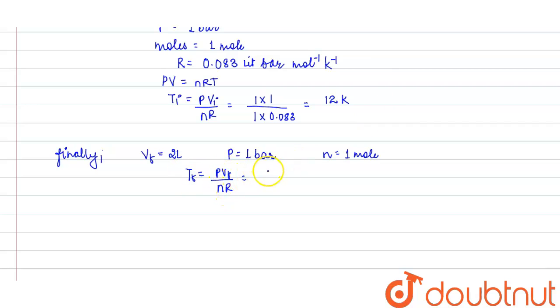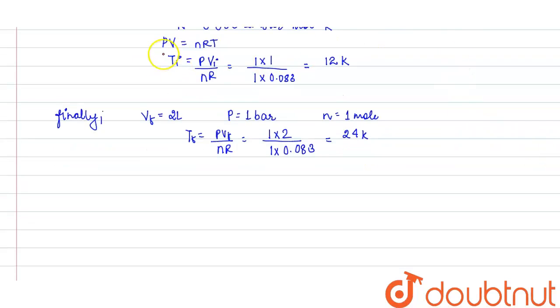Pressure is 1, V final is 2 liter, moles are 1 and the gas constant is again 0.083. So it will be equal to 24 Kelvin. So we got the initial temperature and the final temperature.